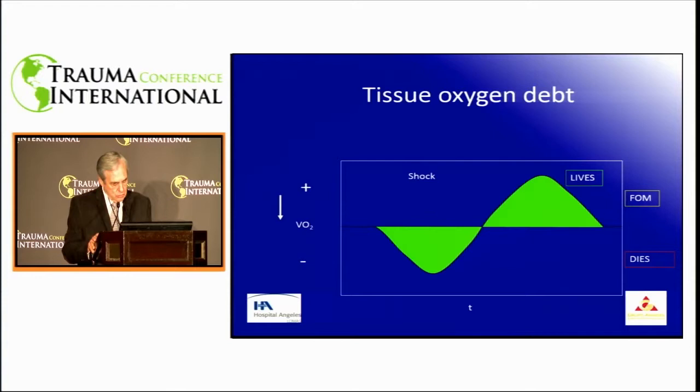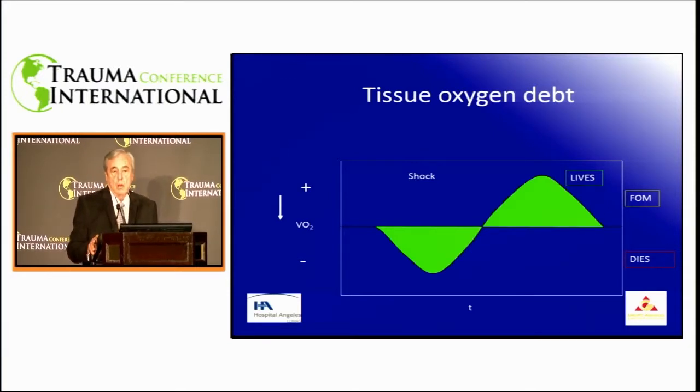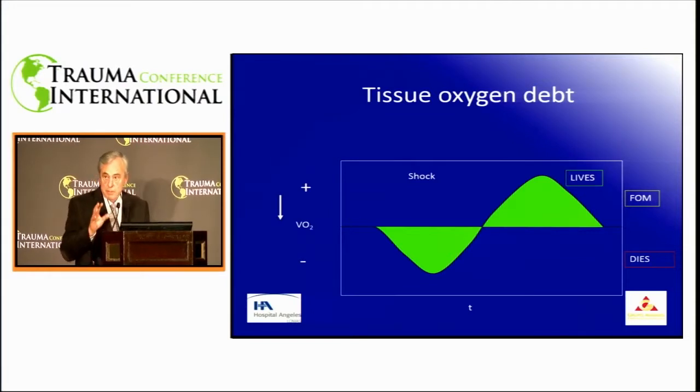But if we talk a little bit about the tissue oxygen debt, we realize in this experimental study, which was very well done, that when we have a person in a state of shock, we start to have oxygen debt. And if we reestablish the circulating volume correctly and we have good blood flow, and we stabilize the patient, we have a phenomenon which is seen in green and going upwards where we pay this tissue oxygen debt that we had when in shock.